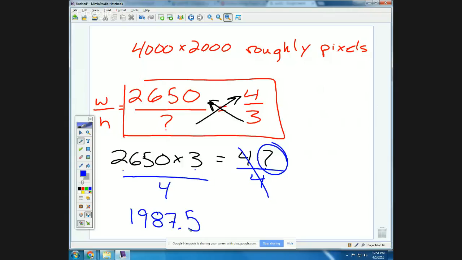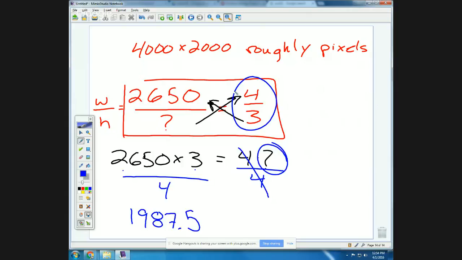All right, we're going to try another one like this. So one way to think about this, if I was going to print an image in a 4-inch by 3-inch frame, and there were 2,650 pixels across in that image, there would have to be 1,988 roughly pixels high in order to fit in a 4 by 3 frame, is what we just calculated.